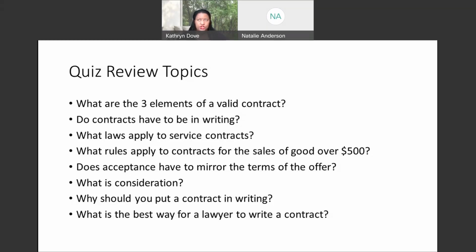Common law is just judge-made law that's been developed through cases. We can figure out what the common law is by looking at cases. Sometimes it's also found in treatises, textbooks, encyclopedias.